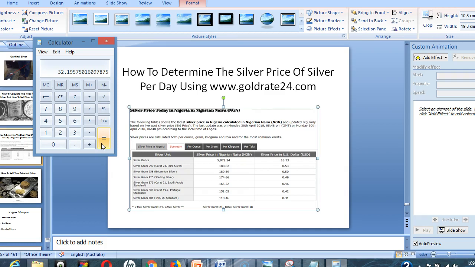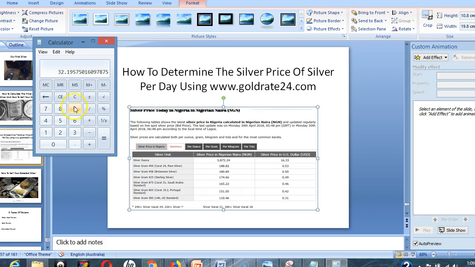So we had 1,000 grams, we had 1 kg of silver. Now changing it to ounces, what do we have? We now have 32.1295 and so on. Now, what was the price of our silver per ounce? The price was 5,872. Don't forget that.